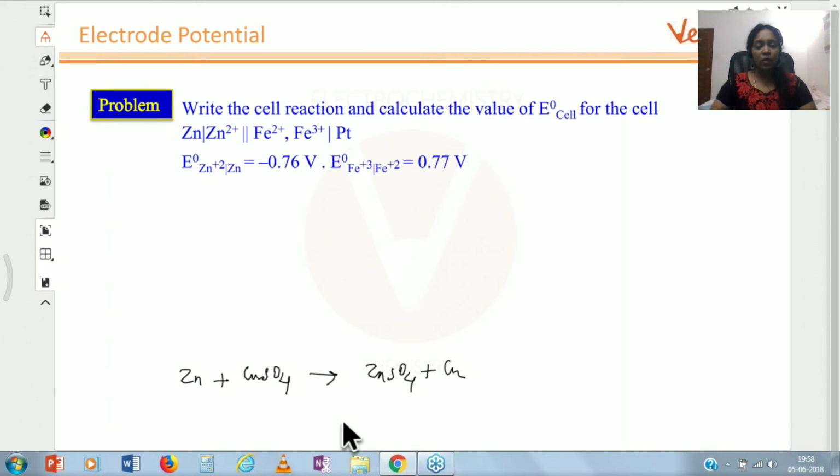So copper will get deposited. If you have copper sulfate in a zinc pot, the zinc will no longer remain as zinc. It will become copper. So definitely you can't, because zinc is the more reactive of the two metals. So basically what is happening here is copper sulfate has become copper. What has happened to copper there? Copper has undergone reduction. So that is the answer to your question. I hope you're happy with it.